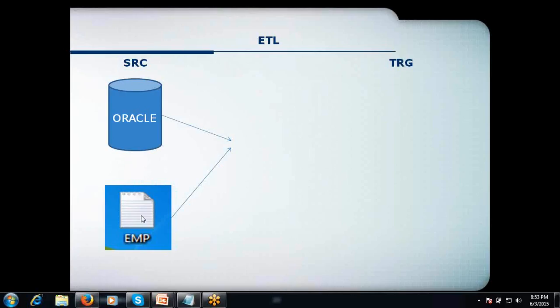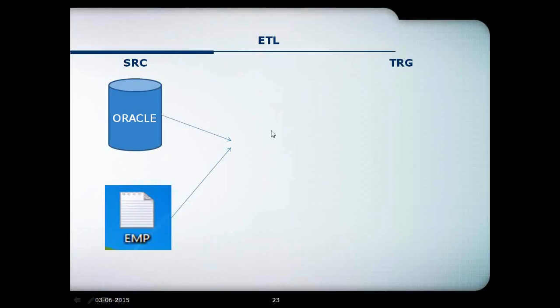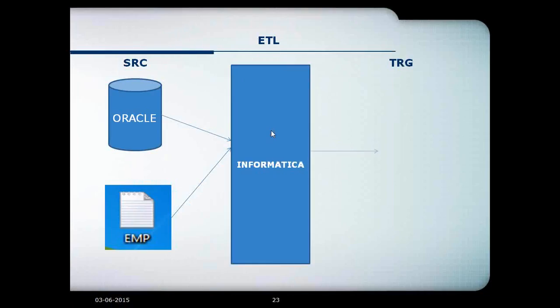We use Informatica to integrate the data, and if you want to change any formats to make a single version of truth in the data warehouse, at that time we use the Informatica ETL tool. See here, EMP is a text file and Oracle is a database.